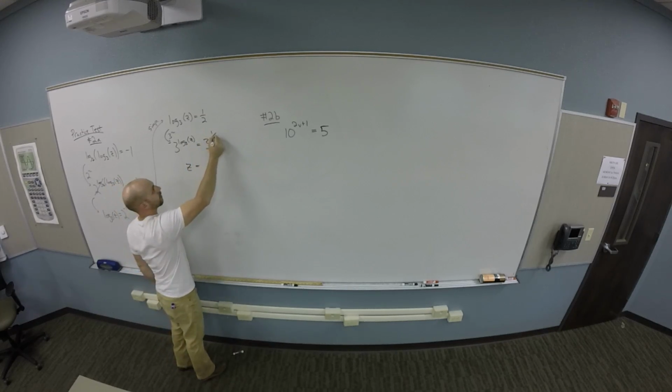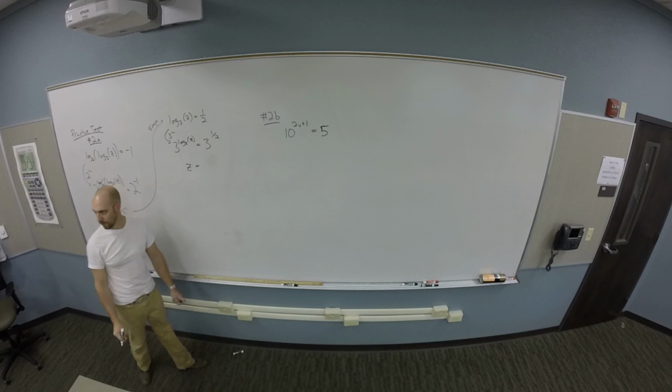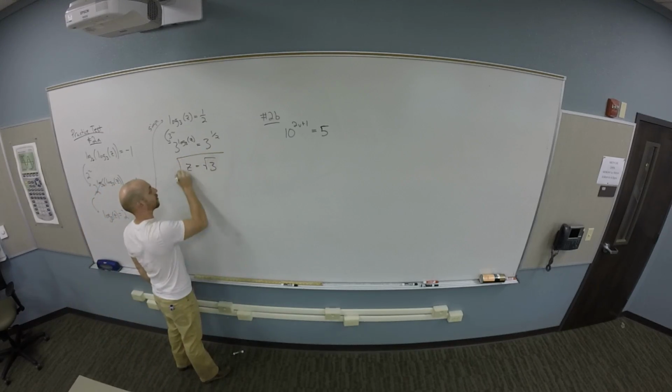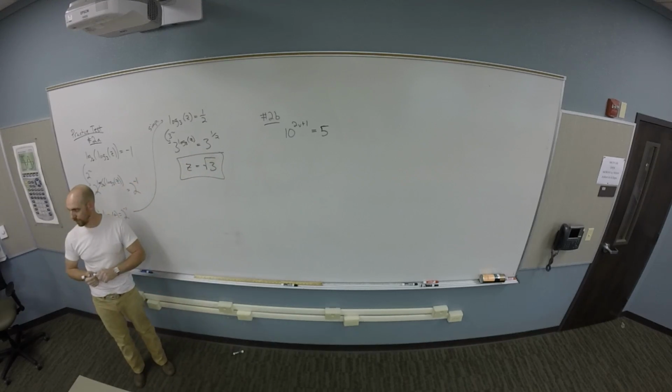And that's going to be 3 to the 1/2. Oh, maybe I don't want to write it that way. What's 3 to the 1/2? So z is the square root of 3. Bam, done.